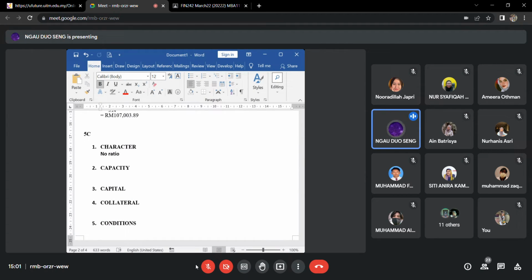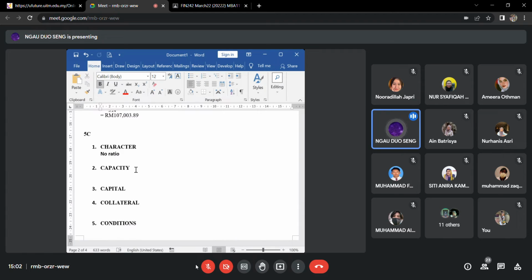Capacity is whether the company dia ada ability atau manage, right, dia punya keuntungan untuk bayar kepada syarikat lah. So this one actually you can use activity ratio, right? Activity ratio lah, this one capacity. So kita nak test, right?